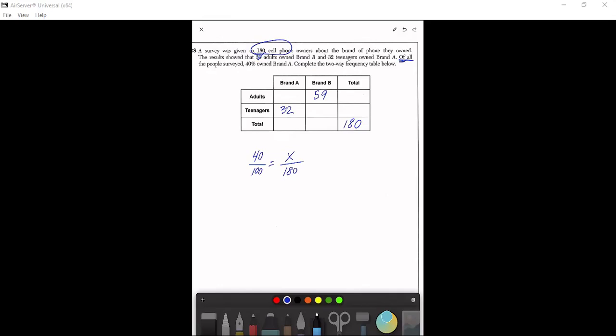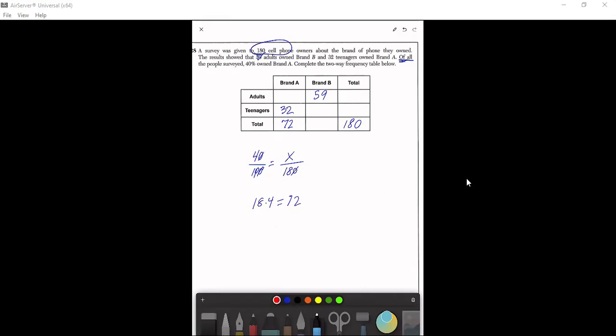So let's see, I am just going to knock off some zeros here, knock off a zero here. So this is going to be 18 times 4, which is 72. So that means 72 people own brand A, 72 total people. Now, that's all the information that they gave us initially.